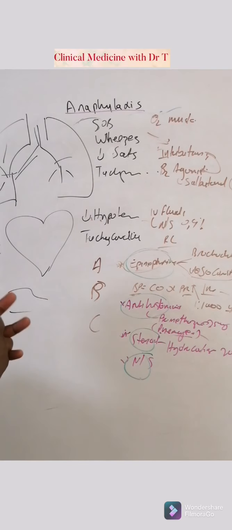So the body thinks that these antigens are disease causing, whereas they are not. Like peanuts are not disease causing. They are antigens, but they're not pathogens, so they shouldn't have an inflammatory response against them. That's allergy, guys.